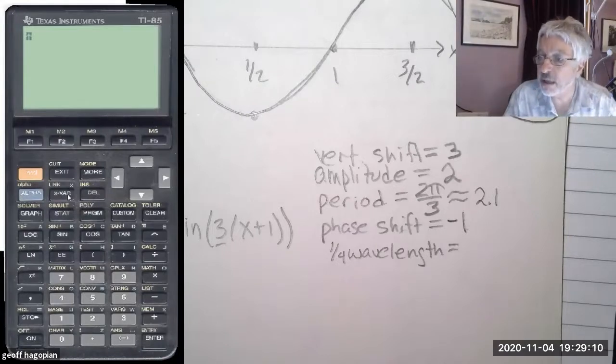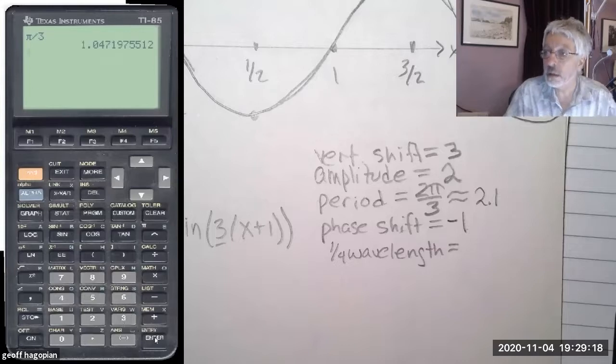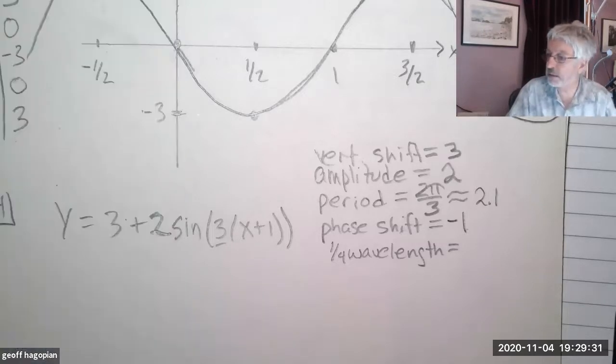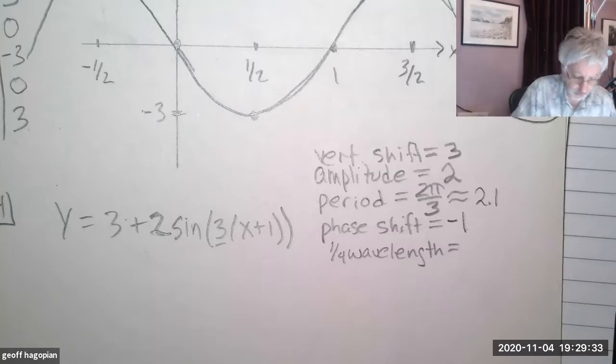So I hit second. I'm looking for pi. It's over here, right? And then divided by 3. Yeah, pretty close to 1.05, right? So then if I multiply that by 2, I get something pretty close to 2.1. So that's why I wrote that on my paper here, approximately 2.1.